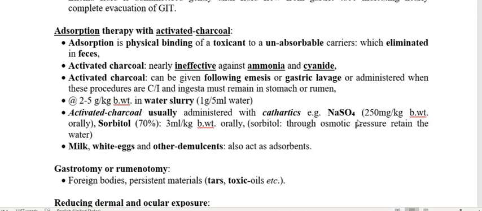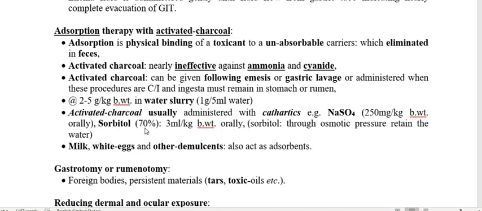As I mentioned earlier, the activated charcoal is usually administered with purgatives or cathartics, and the cathartics or purgatives that we use are sodium sulfate or sorbitol. Sodium sulfate is simply a purgative, and the dose rate is 250 mg per kg body weight, administered orally. For sorbitol, the solution should be 70%, and the dose rate is 3 ml per kg body weight orally.